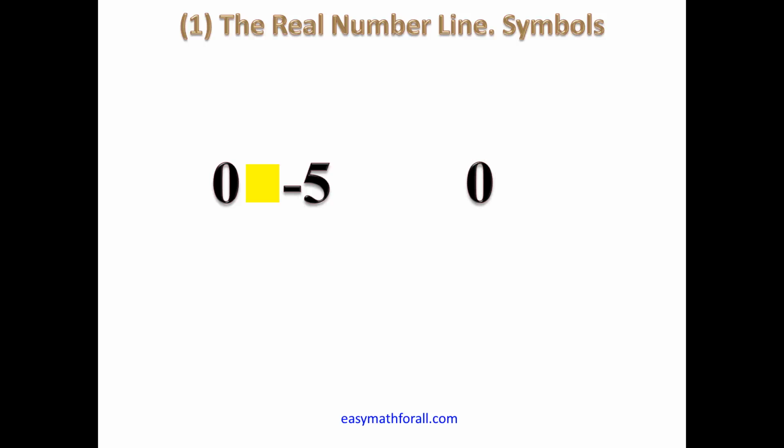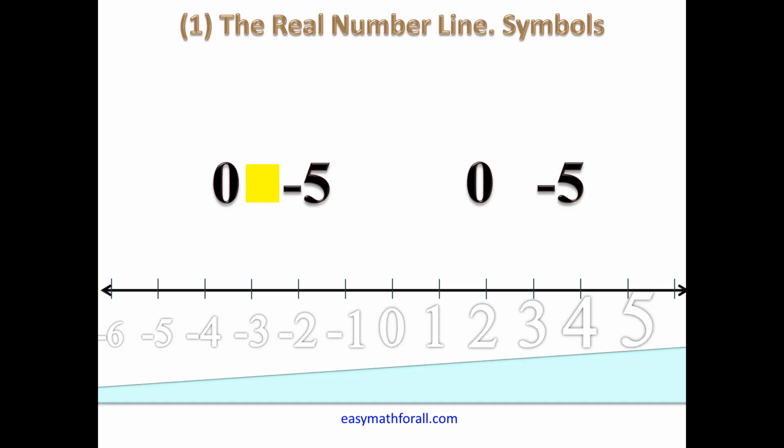On the real number line, we have to highlight first number, which is 0, and then second number, which is negative 5. As you remember, all numbers grow from the left to the right. So which number is larger? 0. And 0 is my bird. 0 is greater than negative 5.